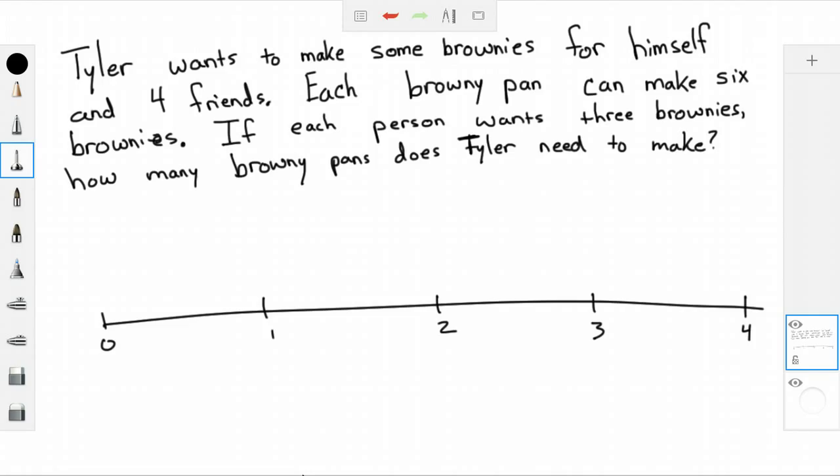I want you to use a number line to solve this problem. If you get stuck, go back and rewatch how I solved the practice problem for hints. We're going to be checking this in class tomorrow, so if you get completely stuck, don't worry. Rewatch the video a couple times to help you, but we will be going over this in class tomorrow. Good luck!